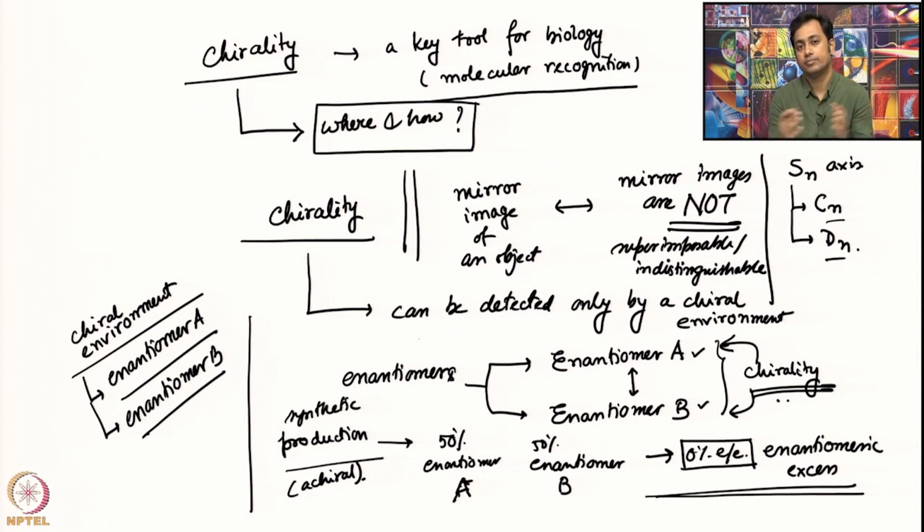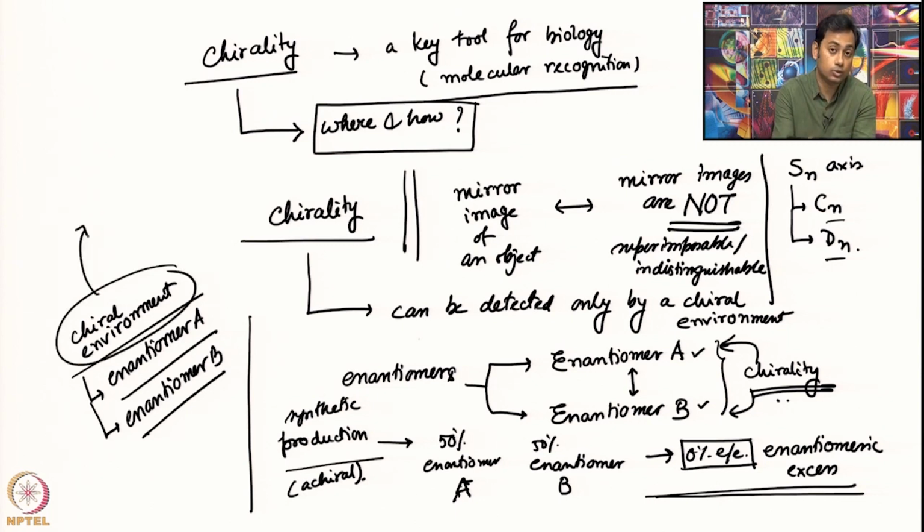During their interaction they will start differentiating because they form diastereomers as intermediates, and diastereomers, as we know, differ in reactivity. So the chiral environment provides the solution to create room for generating the diastereomers.